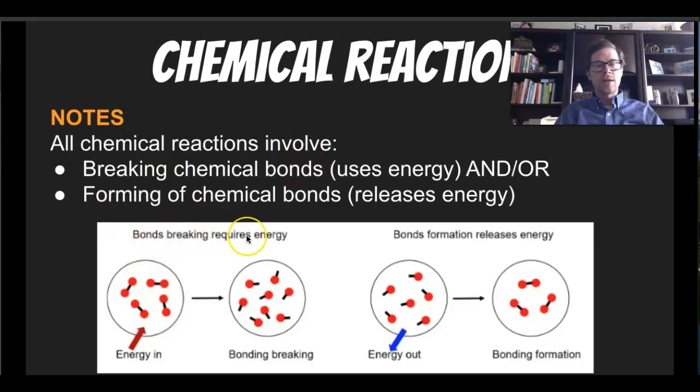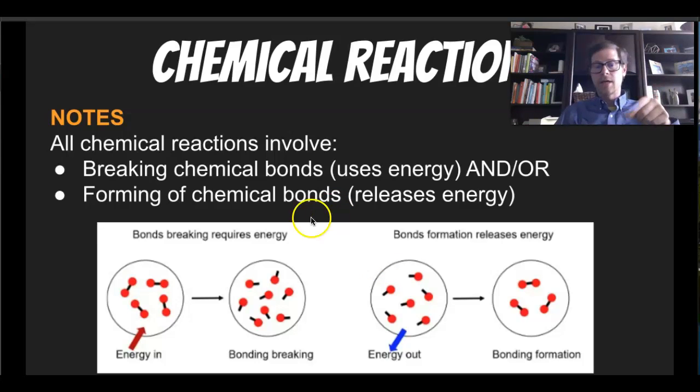When we break them, we have to put energy in to break those bonds. And when we make bonds, we release energy, because the atoms are getting into more stable situations. So there's always energy involved in chemical reactions because of what happens with these bonds breaking and forming.